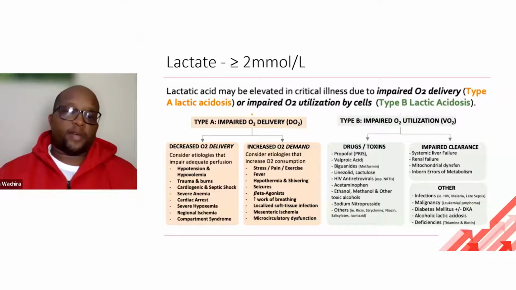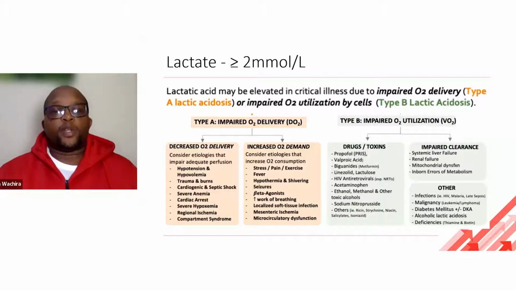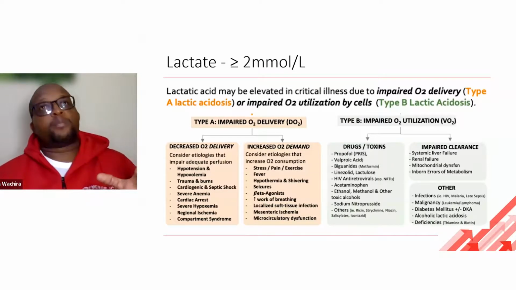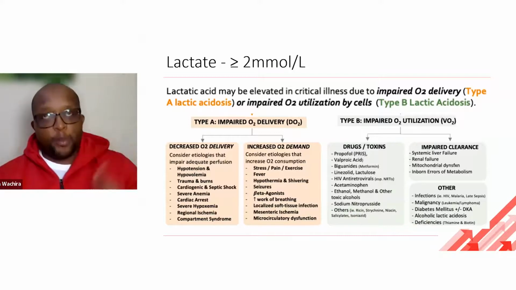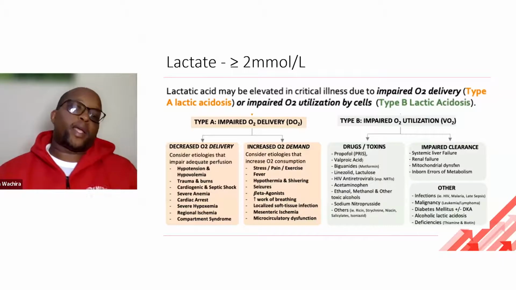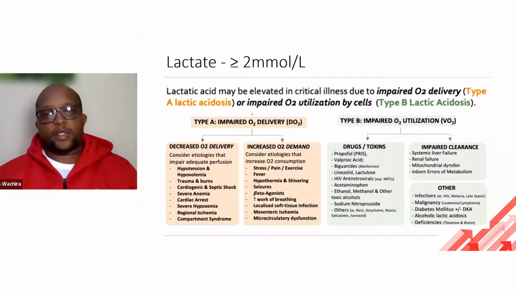And if you're not giving enough oxygen, then increased work of breathing, as I was talking about. So you may be getting just normal oxygen levels, but your body is demanding more and more, and that's a need to supplement your patient's oxygen. So that's type A lactic acidosis.